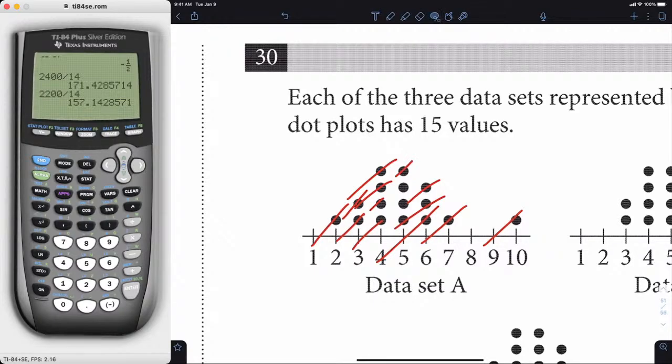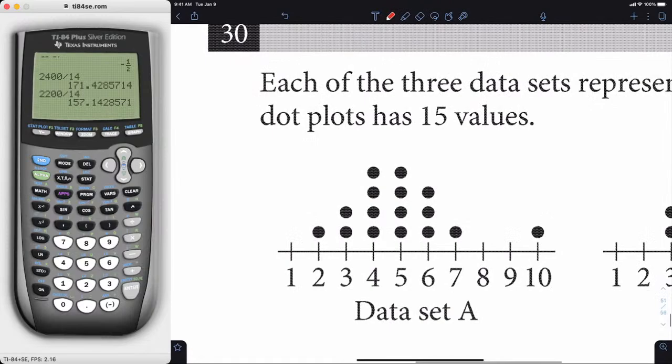Wait, hold up. I messed up. Alright, I'm going to mark them with a little red dot if I cross them off. Okay, so I'm starting here. 1, 2. Wait, does this make sense the way I'm doing this? Let me think.